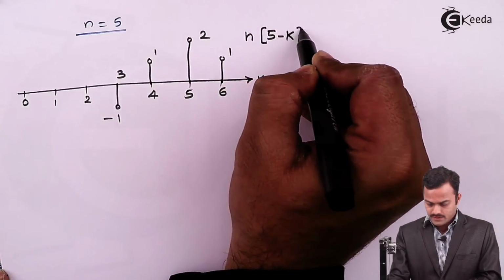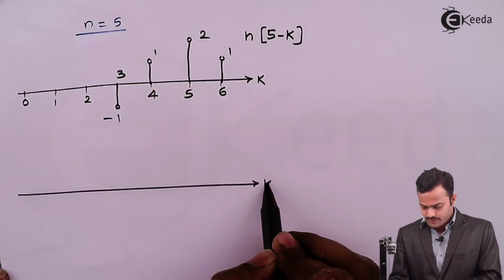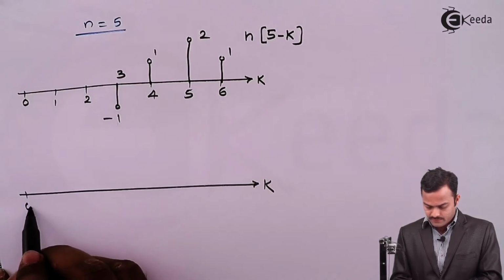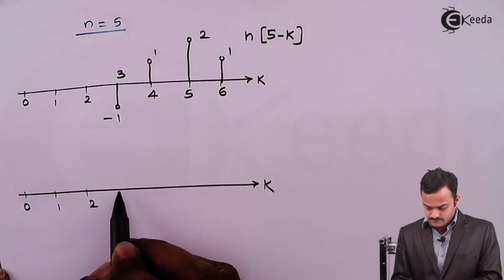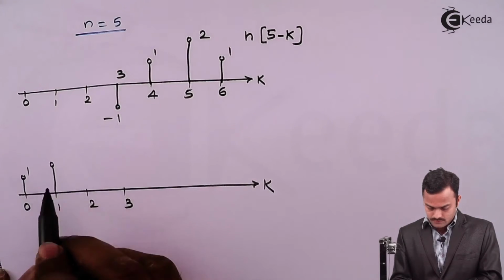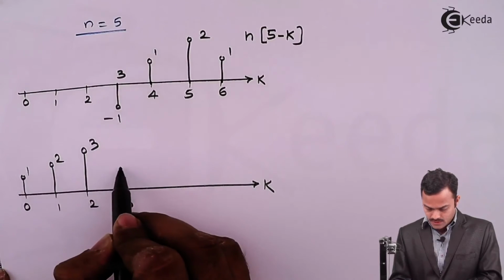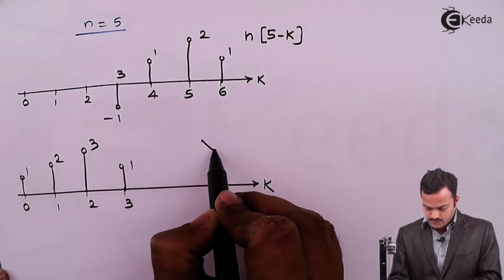5 minus k, which we need to multiply with x of k having the span from 0 to 3 with the values 1, 2, 3 and 1.